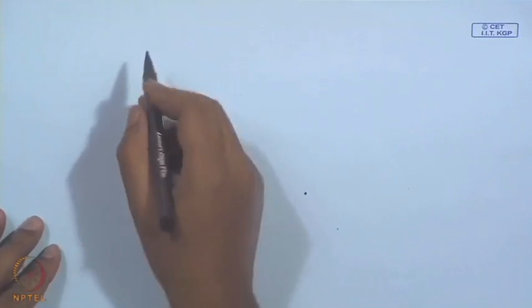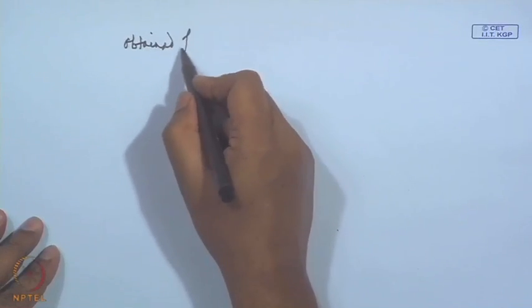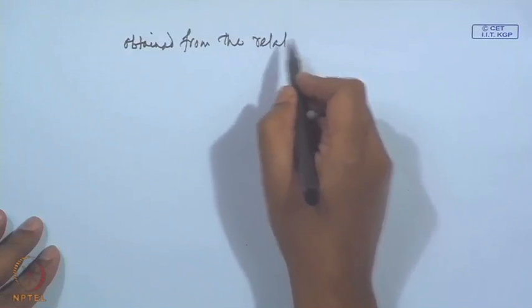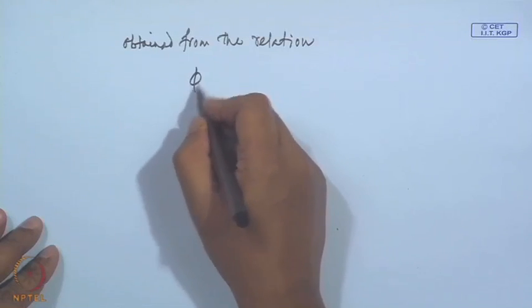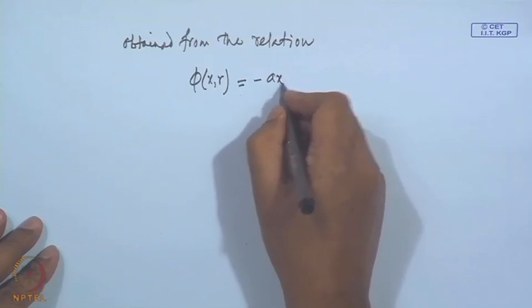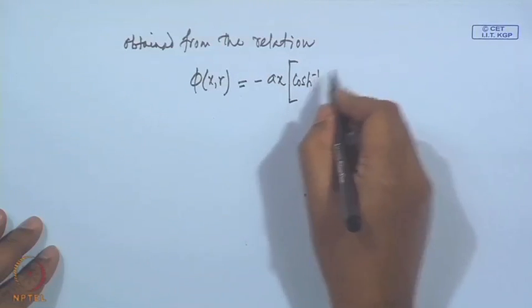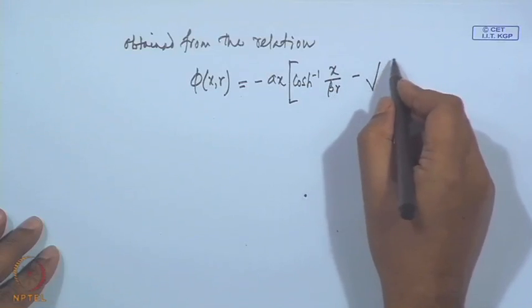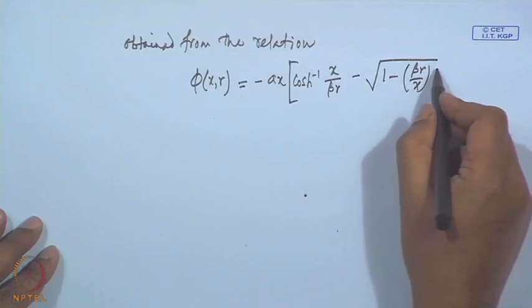This is obtained from the general expression obtained from the relation which we evaluated in the last class, that phi x r is minus a x cos hyperbolic inverse x by beta r minus 1 minus beta r by x square.